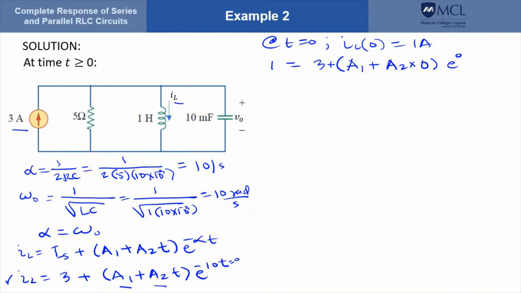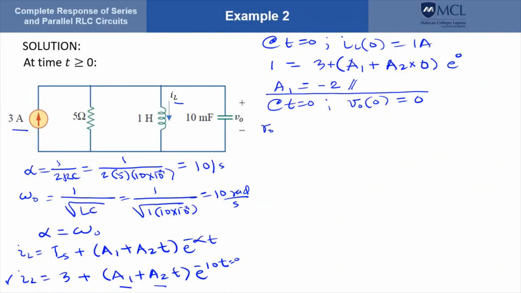So therefore we have A sub 1 equals negative 2. Okay, so that is A sub 1. Now for A sub 2, we need to use the initial condition of the voltage across the capacitor. That is at t equals 0, we have V naught equals 0.